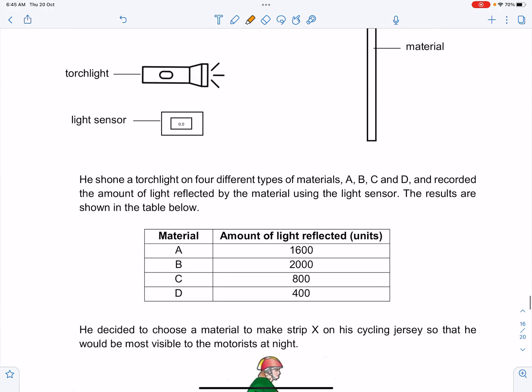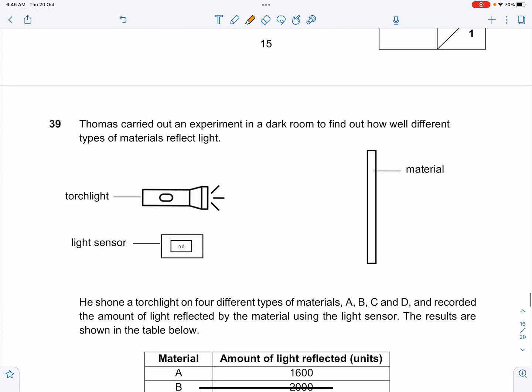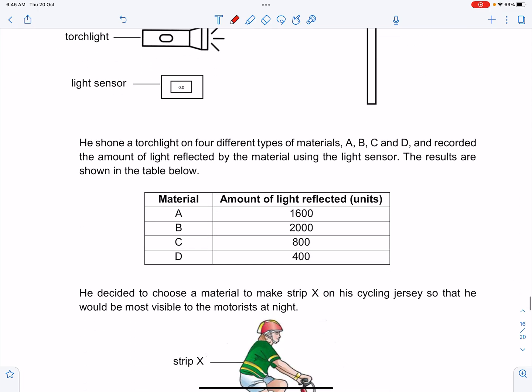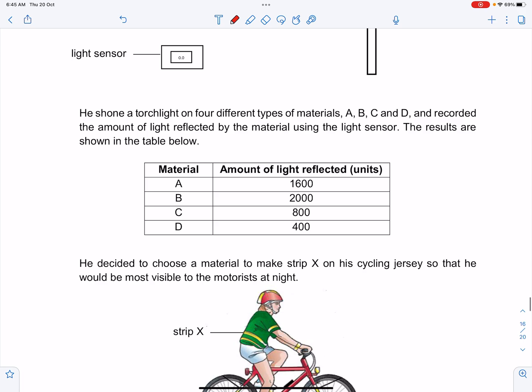Alright, moving to question 39. Thomas carried out an experiment in a dark room to find out how well different types of materials reflect. Right off the top, I know that this is my change variable. He shone a torchlight on 4 different types of materials, A, B, C, and D, and then recorded the amount of light reflected by the material using a light sensor.